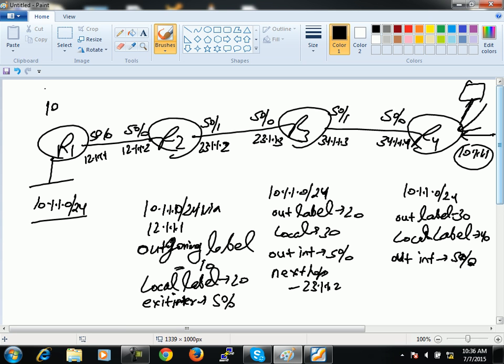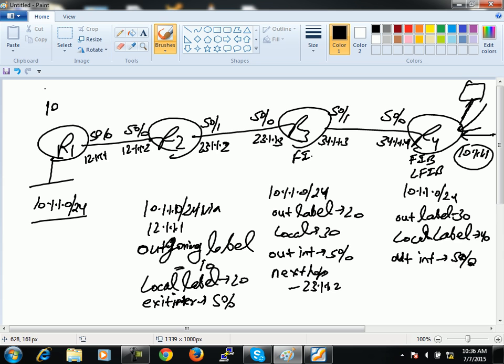Unlabeled packet. And what I told you, if any router receives an unlabeled packet, it will perform lookup in its FIB. See, on every router there will be two things. One is FIB and another one is what? LFIB.